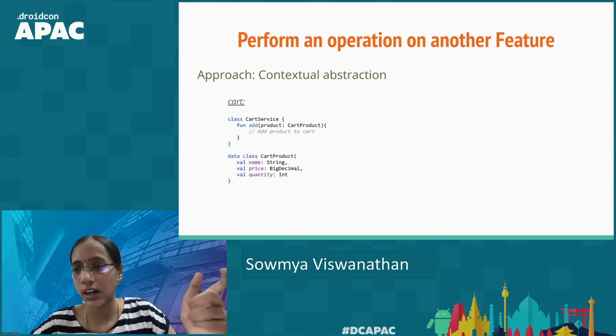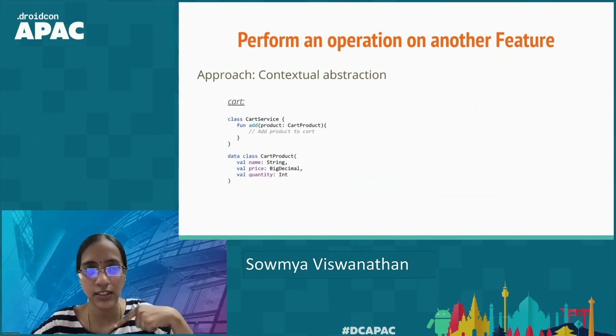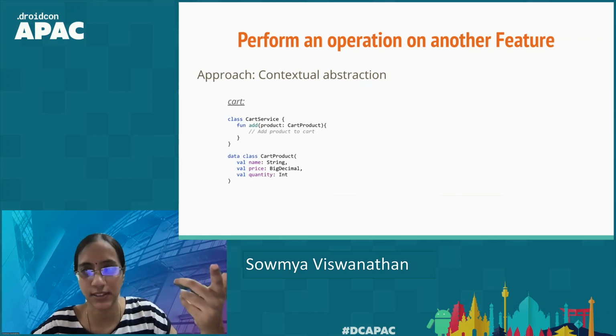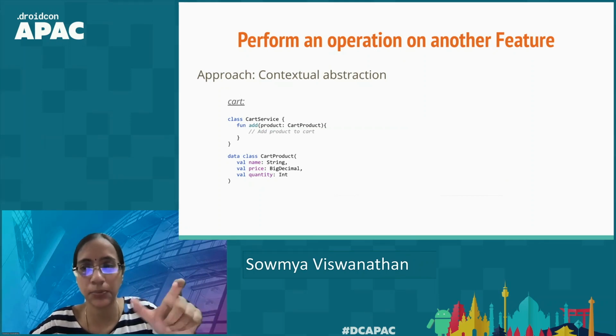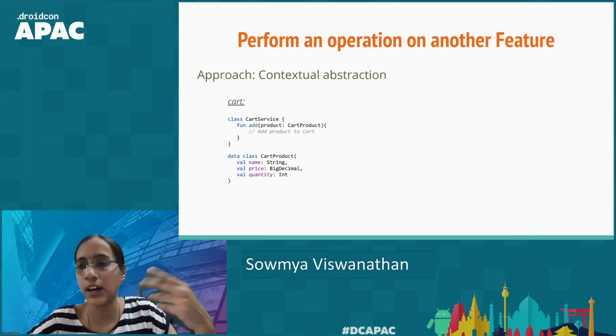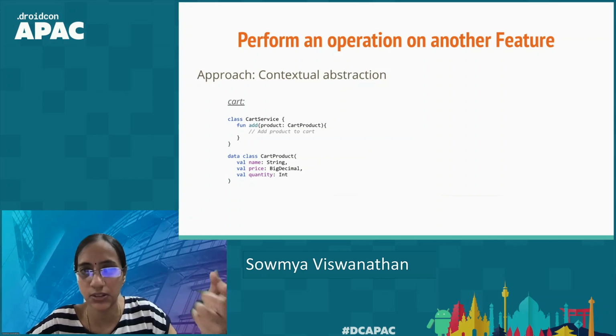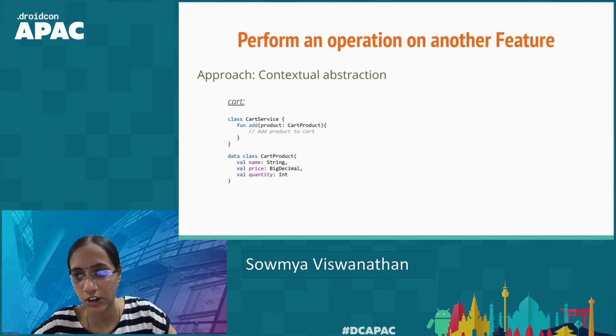Similarly, for the cart to be able to receive this action, it needs to provide a service to the other features. So it will provide a generic service called add, but here it accepts a cart product, because tomorrow, from another screen also, if you want to add items to the cart, it will just accept a cart product. Here again, the cart product is very local to the cart module, and it is a projection of the product.